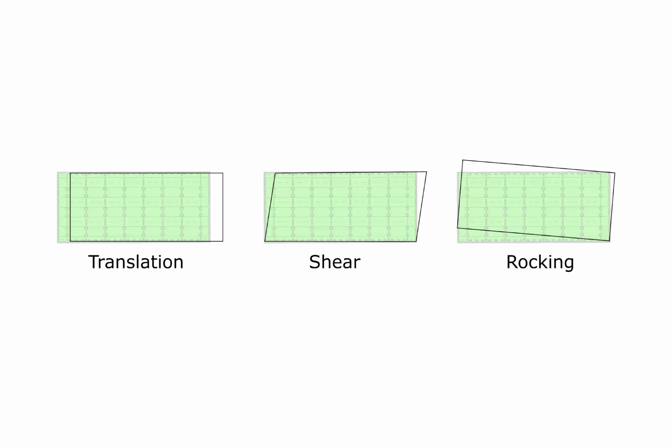And then the third component, which is the dominant one actually, is rocking. So if you think about what is happening, your wall is trying to rock over a sort of pivoting point that is around the side of the wall.